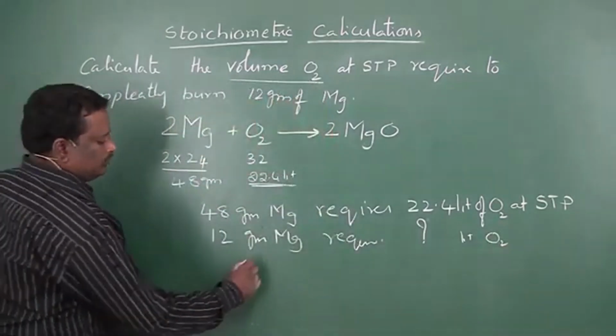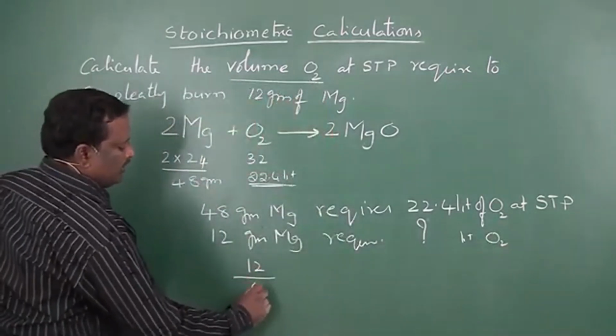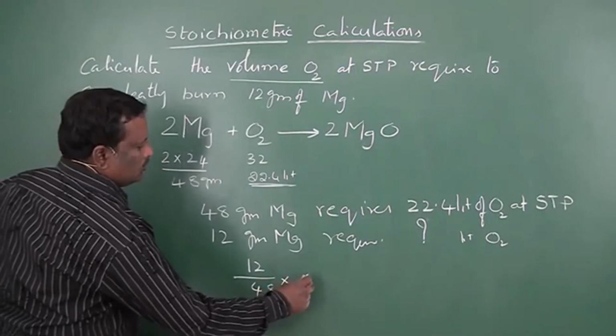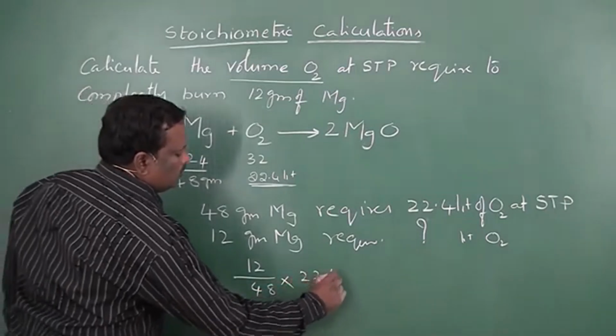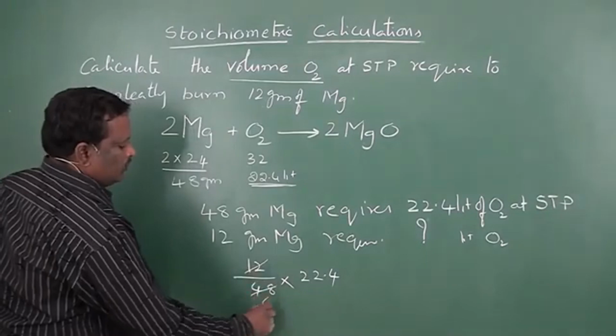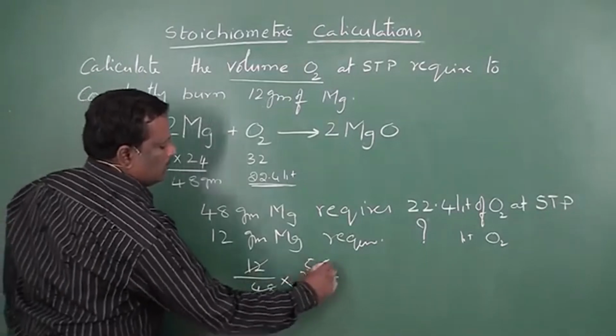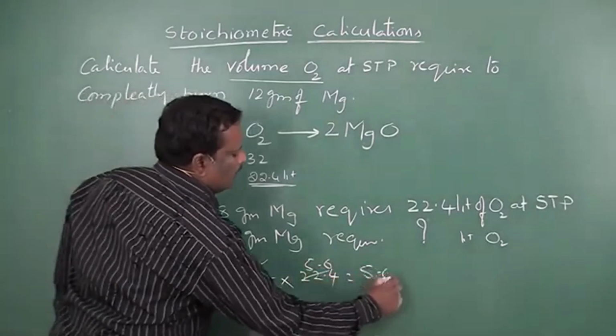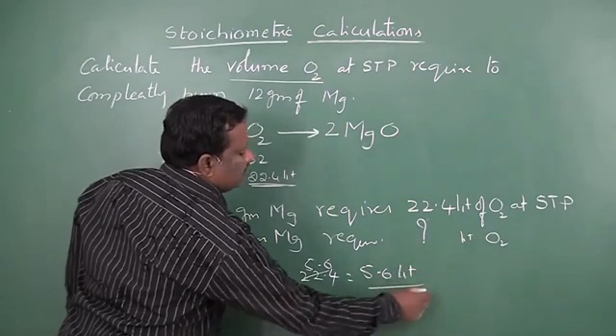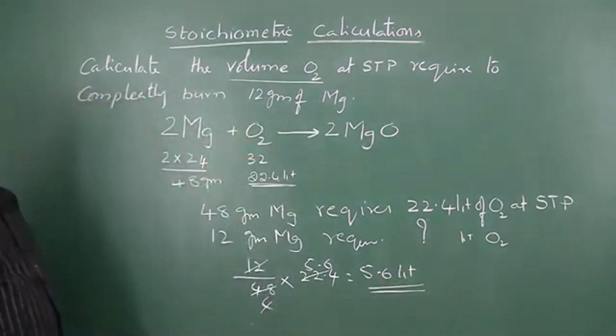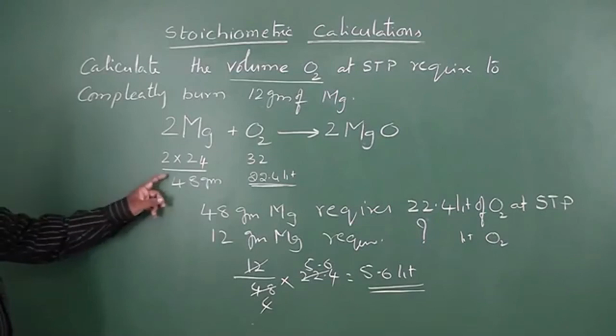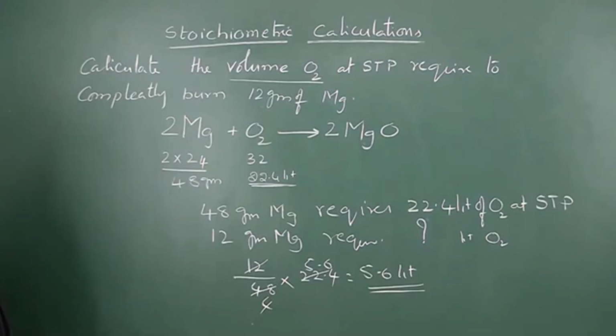So 12 by 48 into 22.4, which is 4 times, so 5.6 liters of O2 gas is required for complete combustion of 12 grams of Mg.